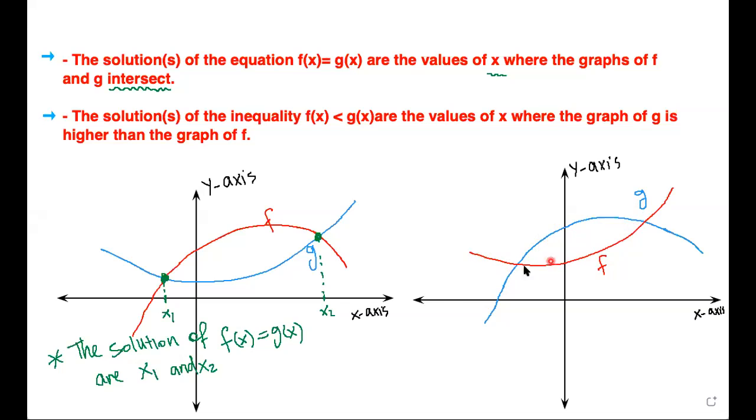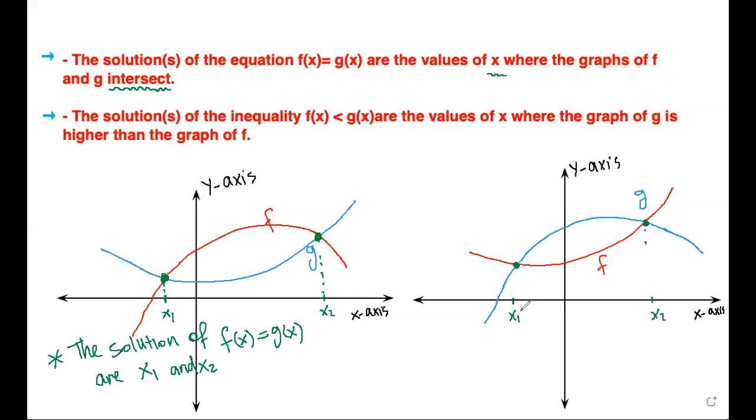This means from this point, which has x value x1, this is my x1. From this point, I see all these values are above the function f. This is my x2. From this value, I see all the blue curve is on top of, or above, the red curve.